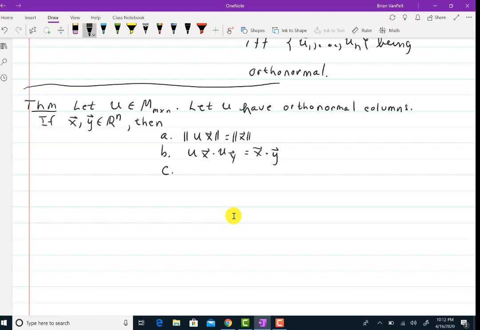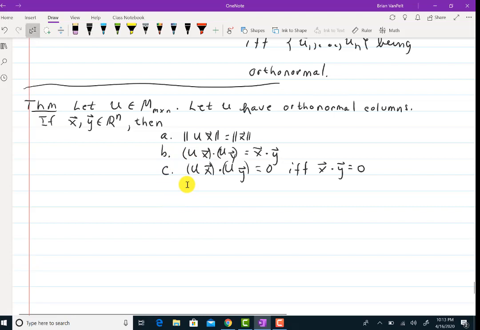And for C, ux dot uy, I think I should probably put parentheses around these things, equals 0 if and only if x dot y equals 0. And you can see that C is going to follow once B is true.